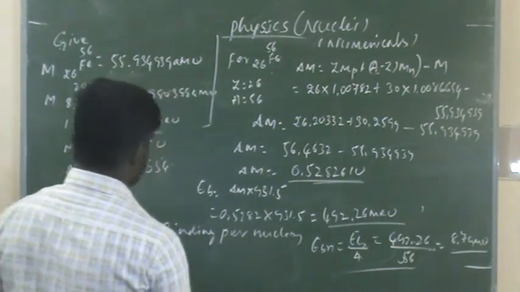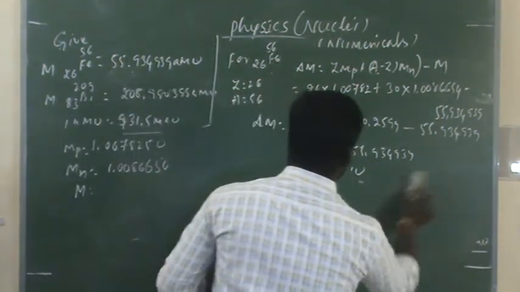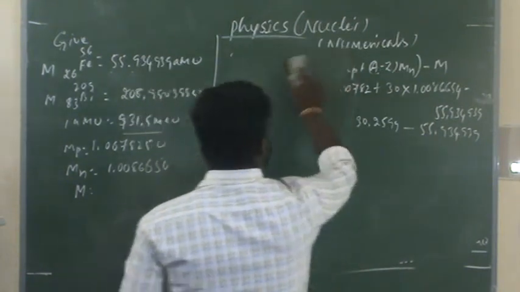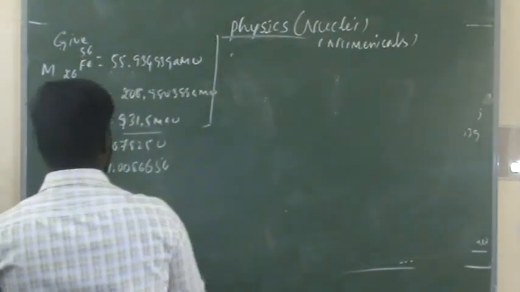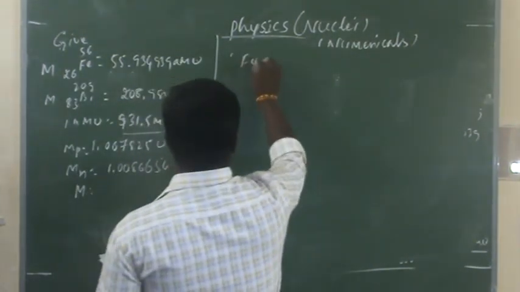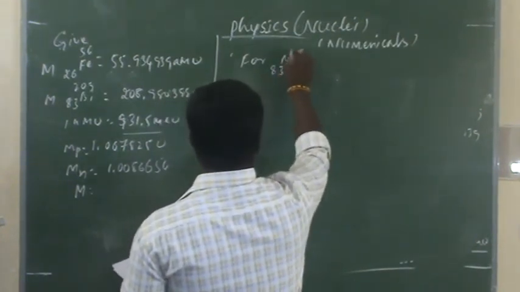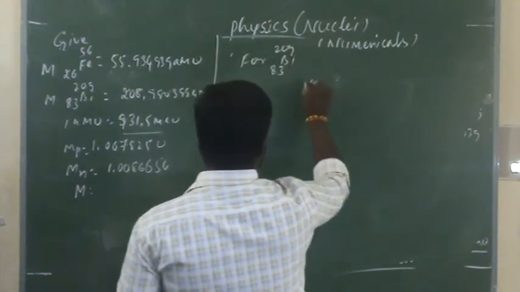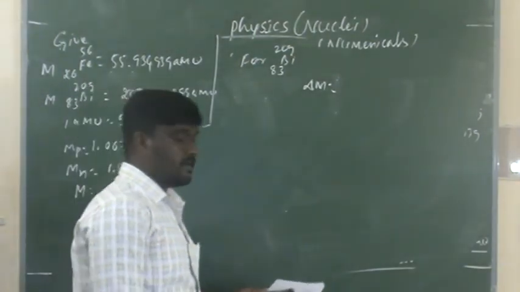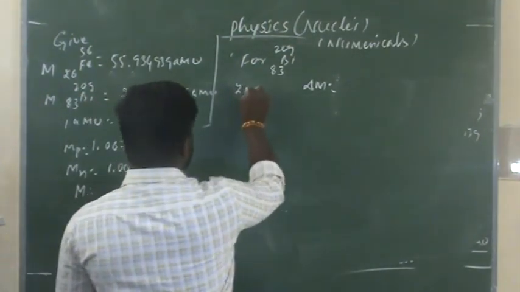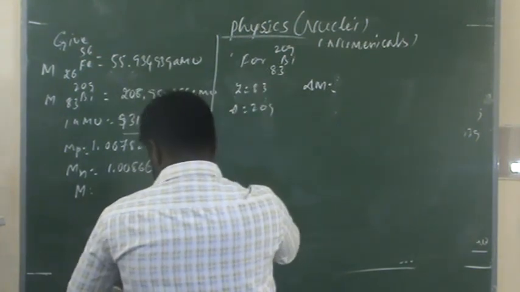So the same procedure for bismuth, bismuth 83, 209. First, what do we find? The mass defect. You know the mass defect formula: Z Mp plus (A minus Z) Mn minus the rest mass of the nucleus. Here Z is 83 and A is 209.